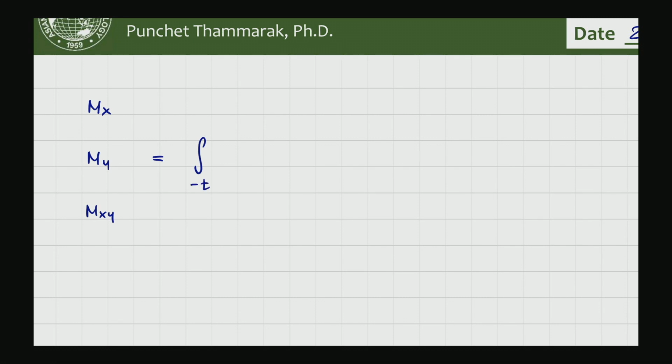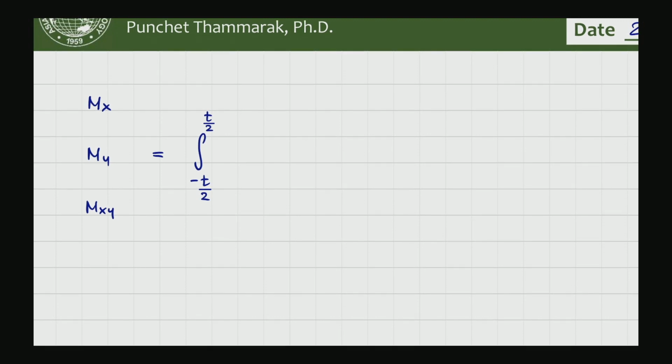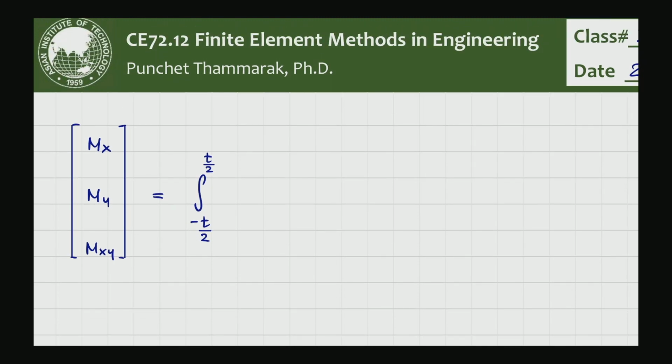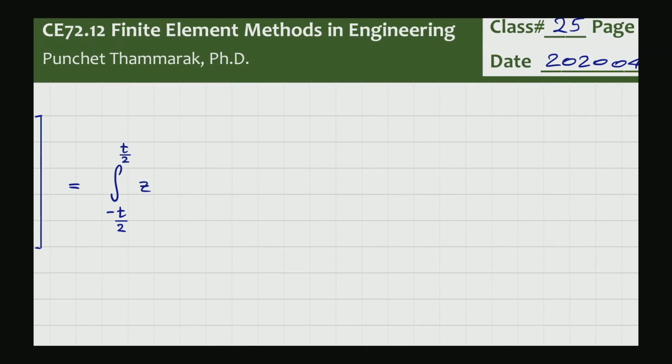So from the half thickness at the bottom to the half thickness at the top, like this. And then we multiply by z. Z tells us the location.